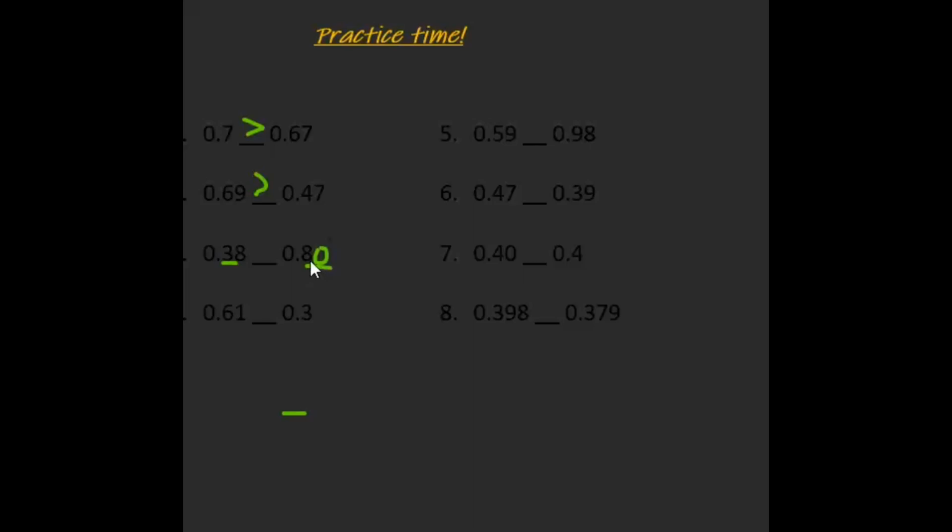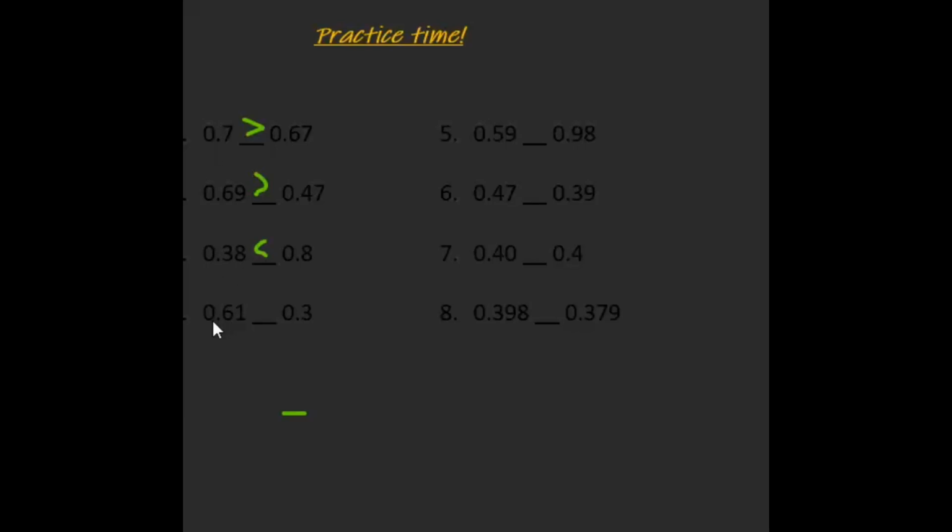We should know that 80 is greater than 38. So we should write down the less than symbol. So the complete problem should be 0 and 38/100 is less than 0 and 8/10. Okay, so again, this little 0 helped us.